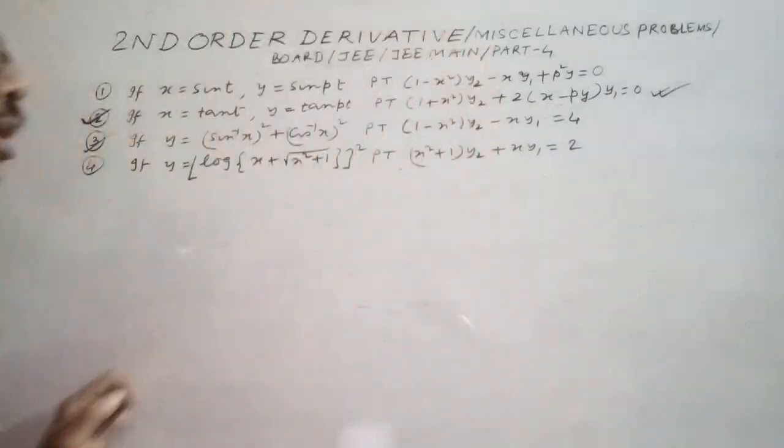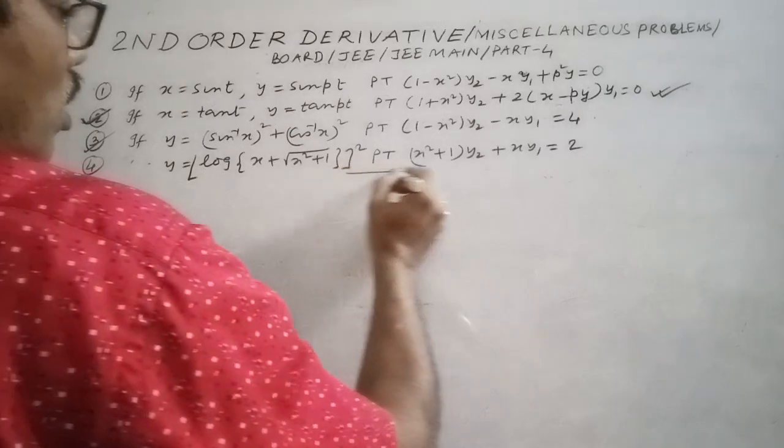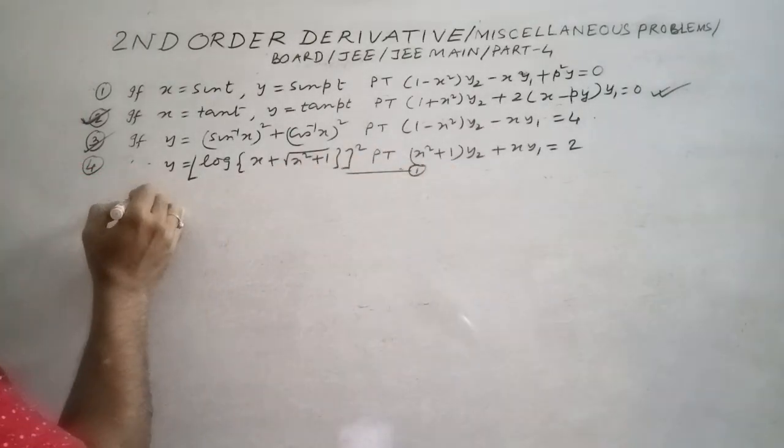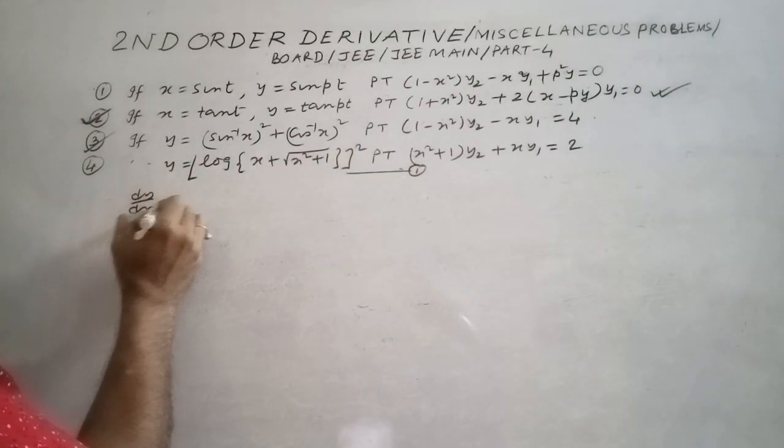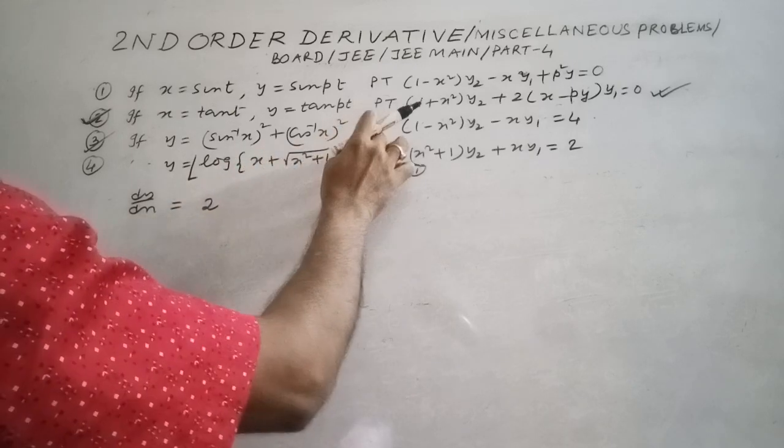Now y equals this. So call it 1. So what is dy by dx? 2 comes forward, this x square.